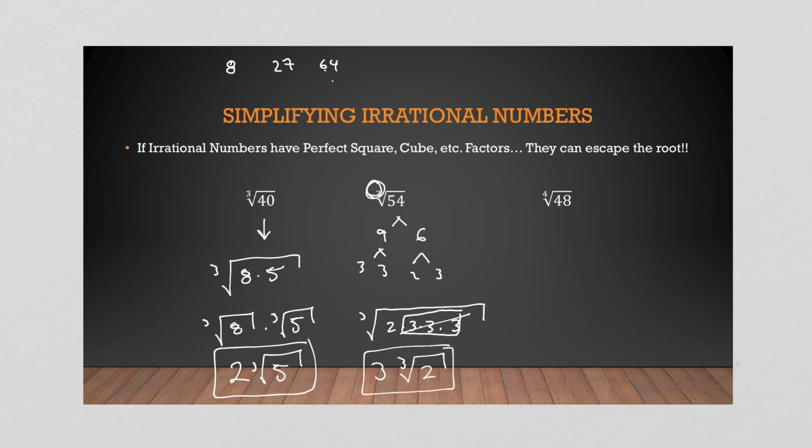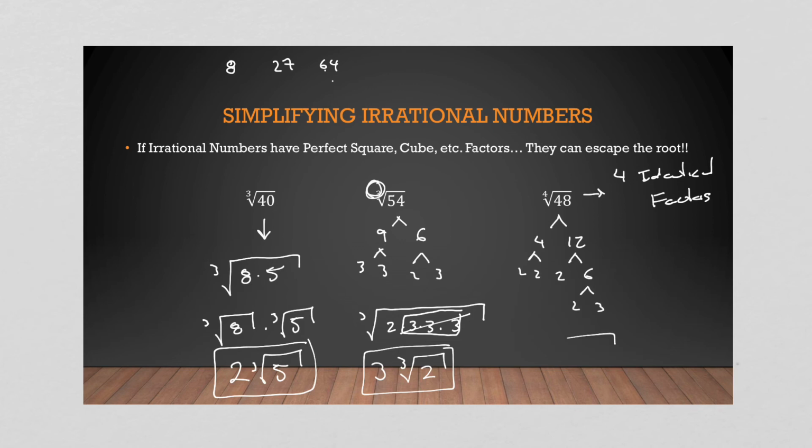Simplified my cube root. 4th root is the same, except what am I looking for? I'm looking for 4 identical factors. So in this case, let's break 48 down. Well, 48 is 4 times 12, which is 2 times 6, which is 2 times 3, and 4 is 2 times 2.